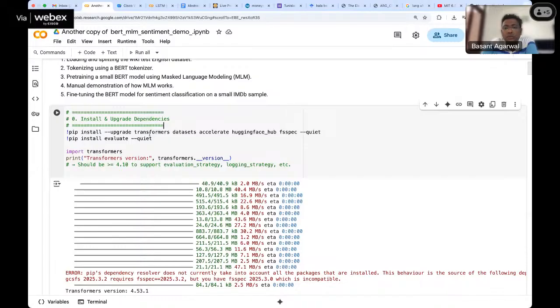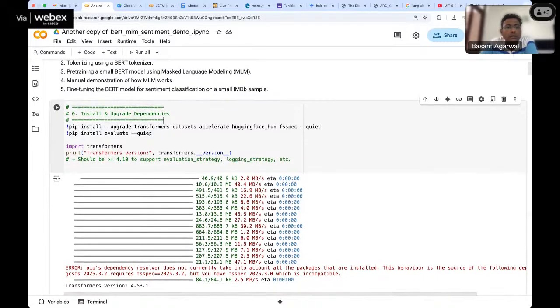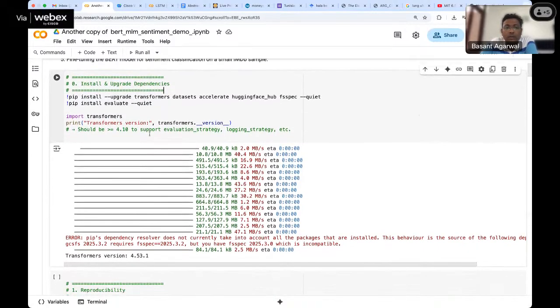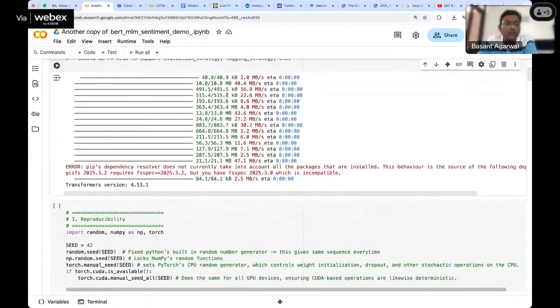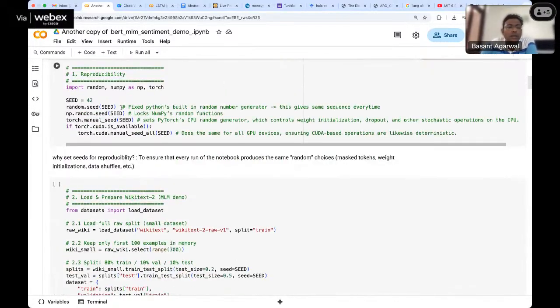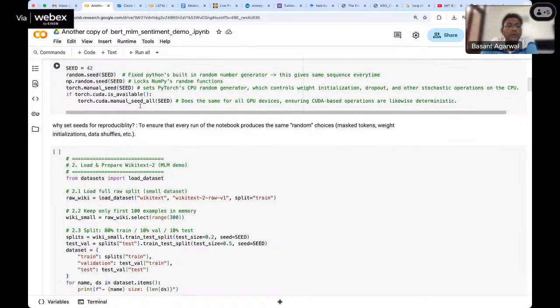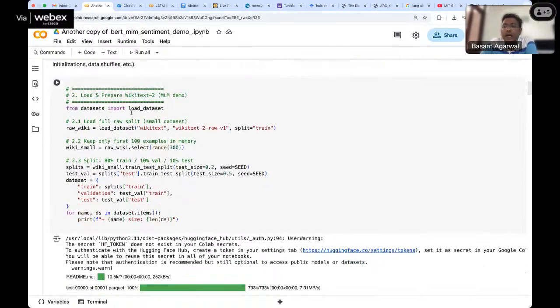First, I've just installed the dependencies and the packages which we'll use, and that is transformers, datasets, and Hugging Face Hub, and this is very common. And this is for just the parameters for reproducibility. Okay, so we start from this, where we first take the data set from Wikitext.